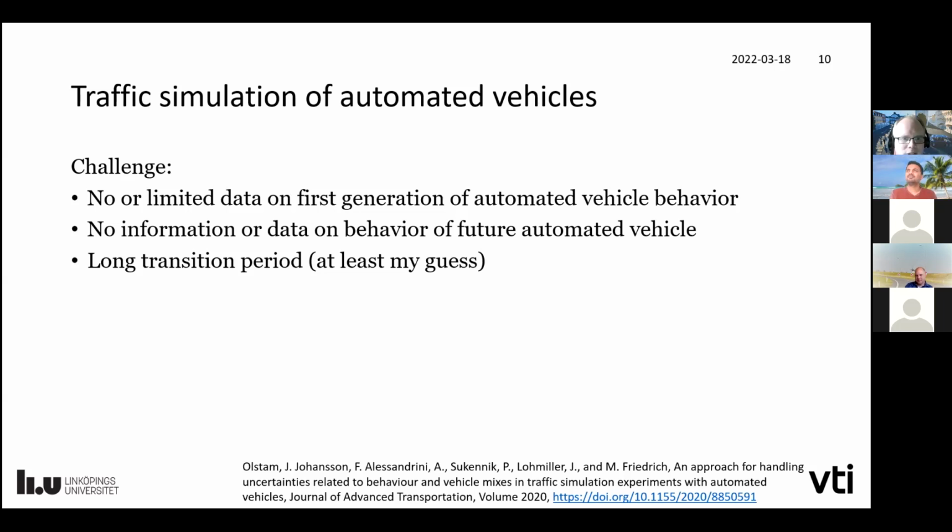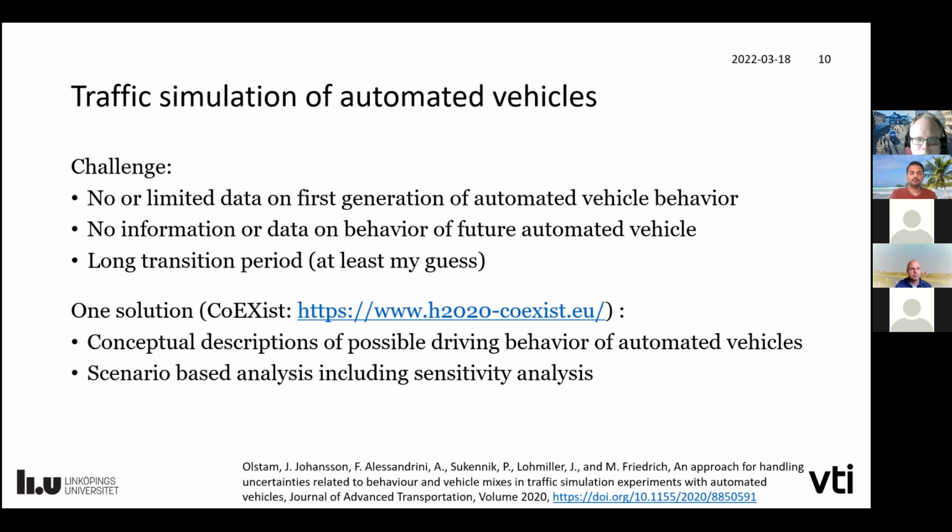So how to deal with that if you would like to investigate the potential impacts on traffic and traffic flow dynamics? One solution that we worked with in the Coexist project was that we tried to look at potential different paths in the development of the behavior of automated vehicles.